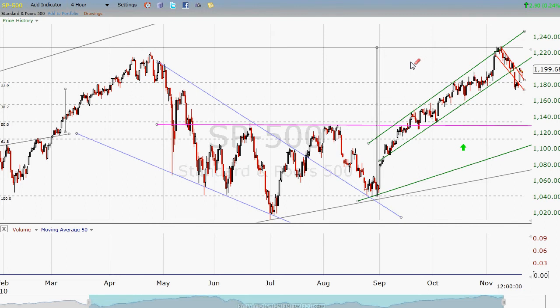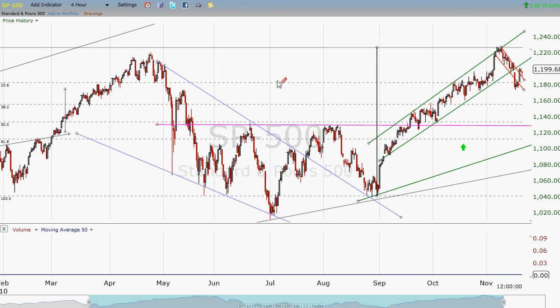And you remember this pattern points us to a price or a level that's between 1240 and 1250, and we have not made that yet.